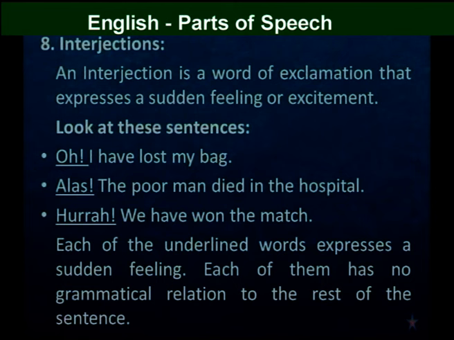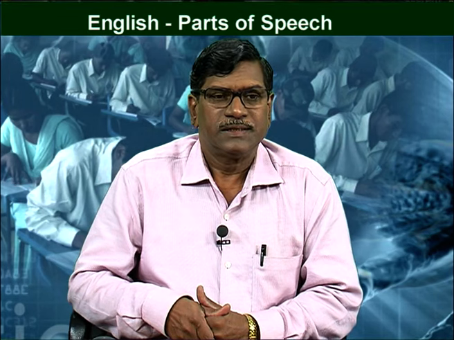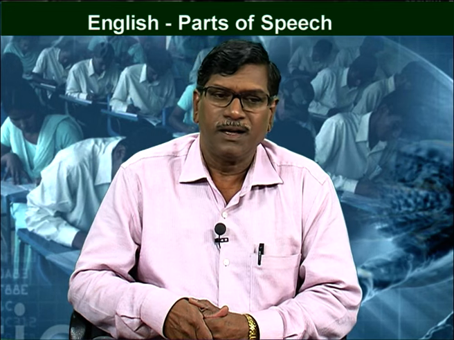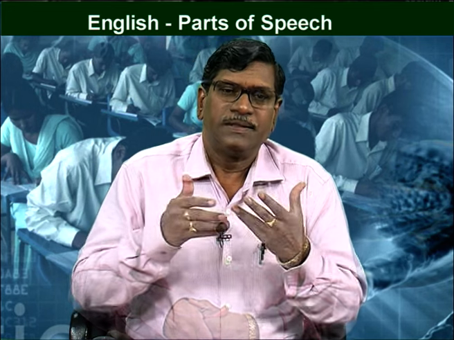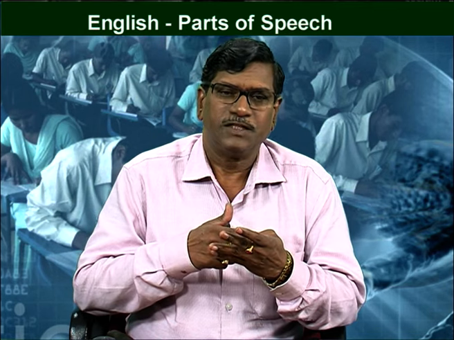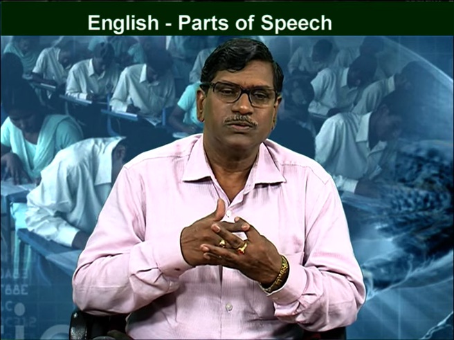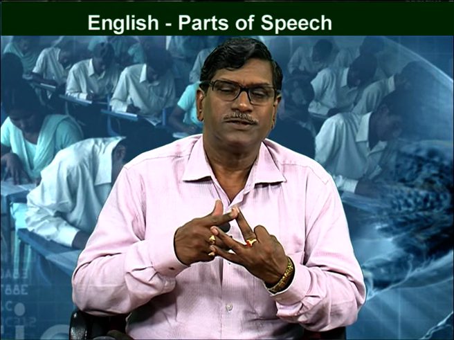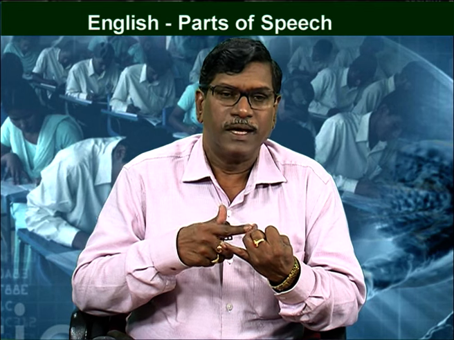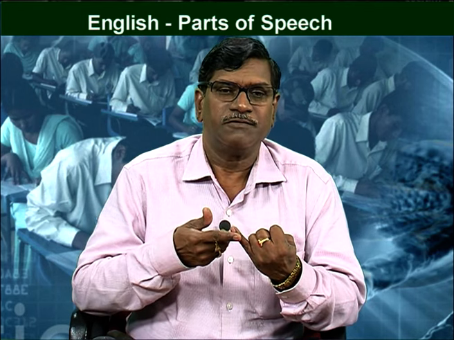So, what are the 8 varieties of words in all? In English, we can notice that there are 8 varieties of words. 1. Nouns. 2. Pronouns. 3. Adjectives. 4. Verbs. 5.